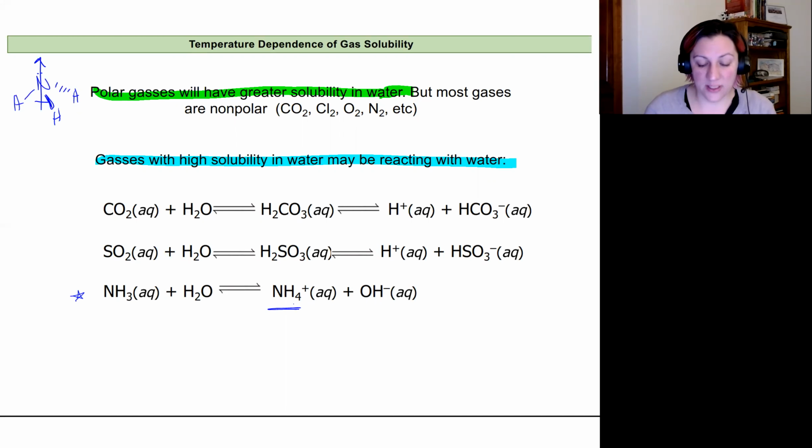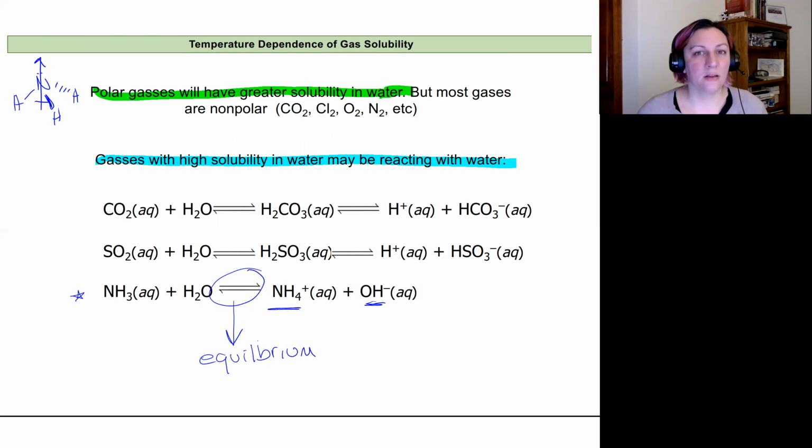It forms ammonium and hydroxide ions. And so we'll be able to keep feeding ammonia into that chemical reaction until it hits equilibrium. And we're using these arrows right here. These mean equilibrium. And we'll talk about the equilibrium we see in chemical reactions in our next chapter, or a couple chapters from now.